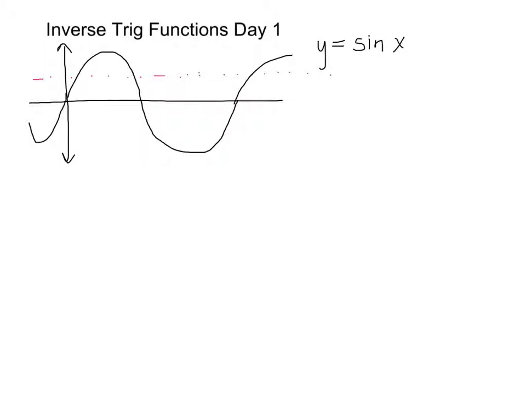But the only places where this works is between negative pi over 2 and pi over 2. So when you are finding the inverse of sine, you can only find exact values between negative pi over 2 and pi over 2.